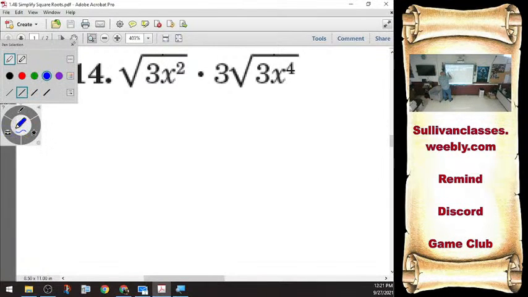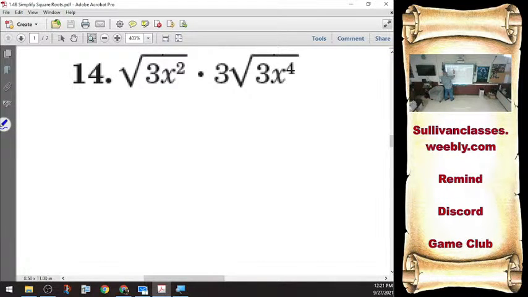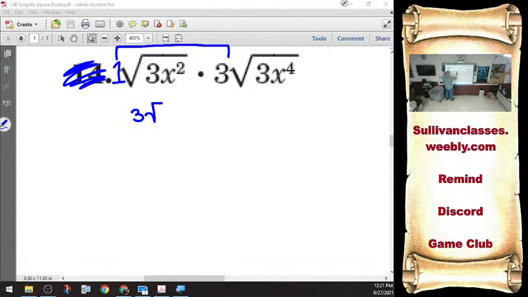I don't see any 1 outside here, so I know it's just a 1. So I take 1 times 3 on the outside. Inside, take 3 times 3 is 9. X squared times x to the 4th.